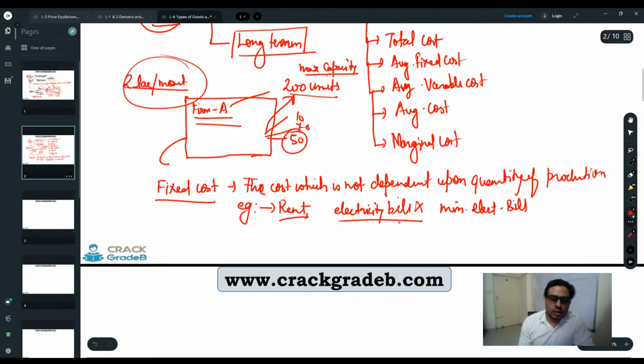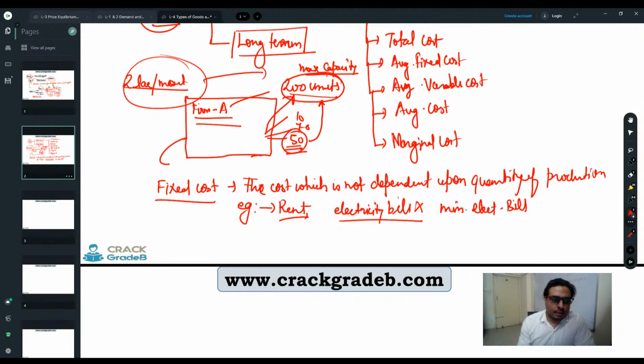Whereas earlier, in normal times, you were able to produce only 50 units, but you were paying the rent of 2 lakh. Now your production activities increase because of the market demand, and you are able to produce 200 units with the same rent.